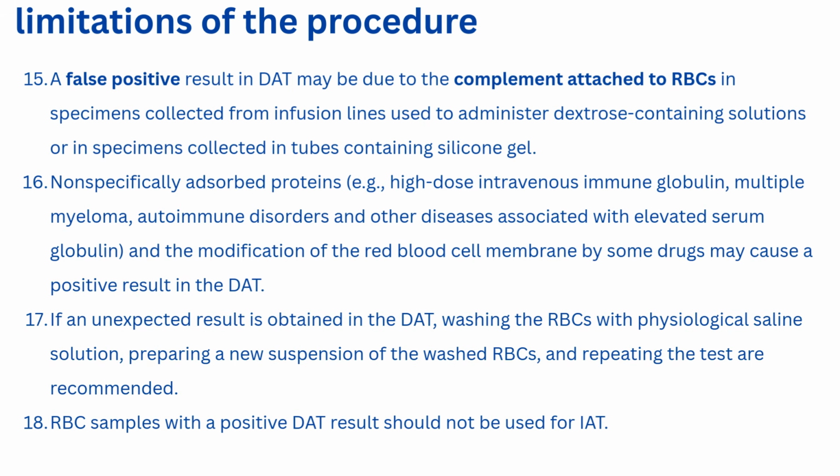We have diseases like multiple myeloma, autoimmune disorders, and other diseases associated with elevated serum globulin. And also the modification of the red blood cell membrane by some drugs may cause a positive result in DAT. So if an unexpected result is obtained in DAT, washing the RBCs with physiological saline solution, preparing a new suspension of the washed RBCs, and repeating the test are recommended.